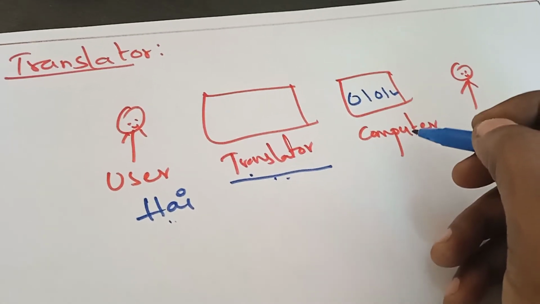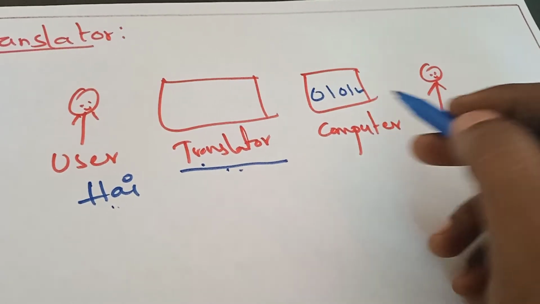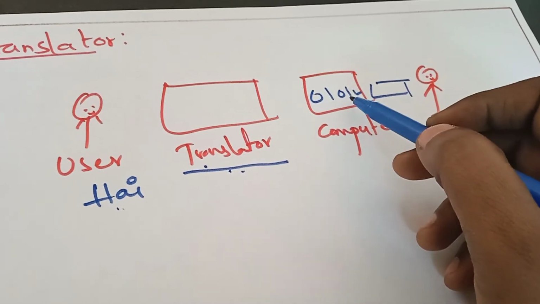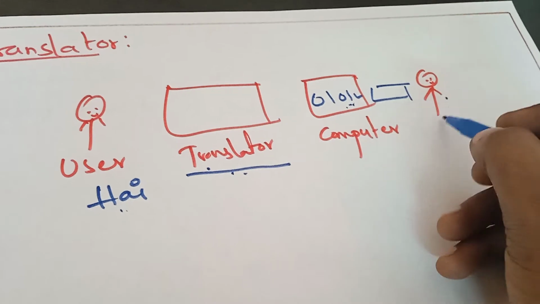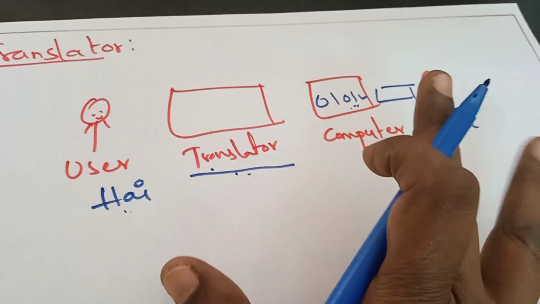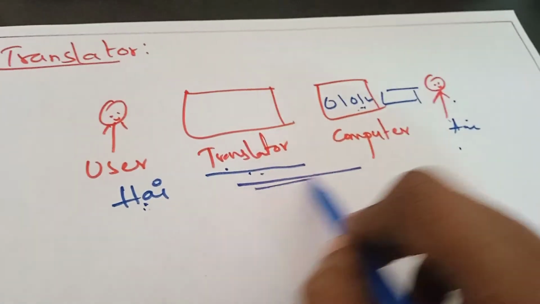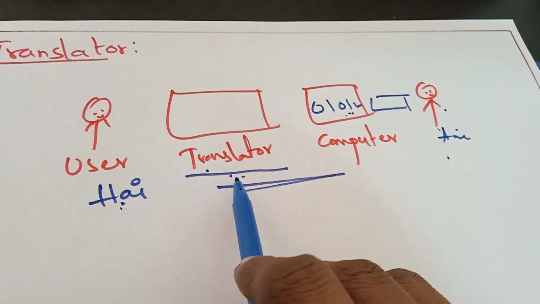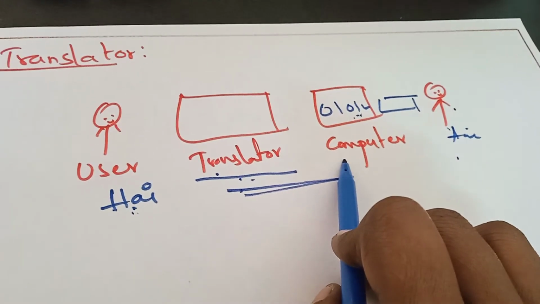Now the computer should give this result back to the user. The user cannot understand this, so again a translator is required, which will translate this message to user level. Now the user can receive the same message, which is "hi". So this is my input and this is my output, and in between there is a process, where the process is required to translate the user-level language to machine-level language.